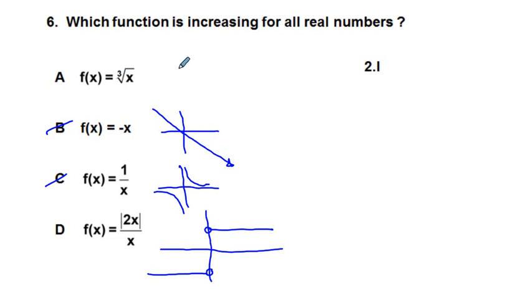And next, the one that's the right answer, this cube root of x, is going to look like this. And so this will be increasing. The graph of A will be increasing for all real numbers.